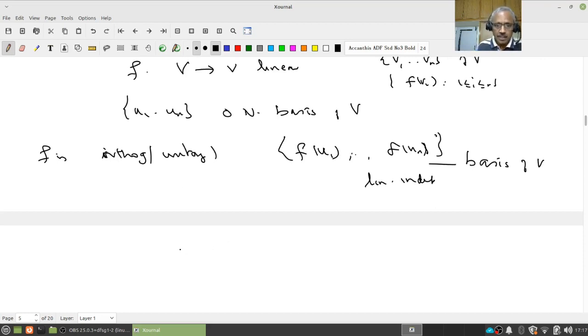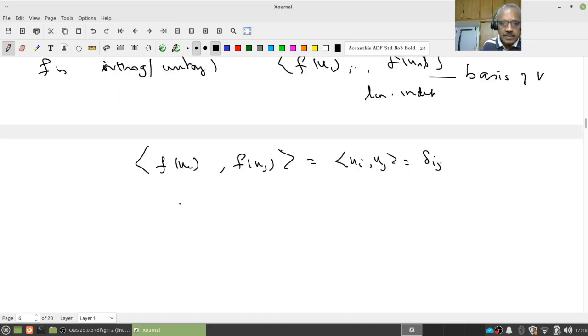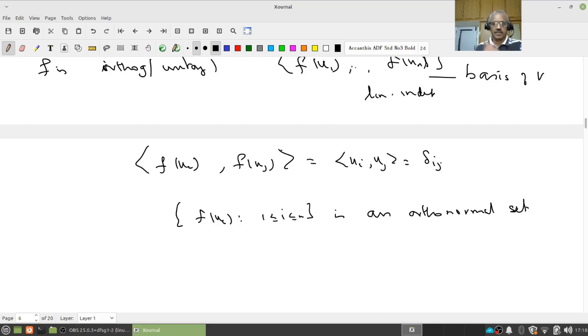Now what do I know about this? Now I know f of u_i, inner product with f of u_j, is nothing other than inner product of u_i and u_j, which is delta ij. Therefore, this collection f of u_i, 1 ≤ i ≤ n, is an orthonormal set. And none of them can be 0. f of u_i for all i is not 0.